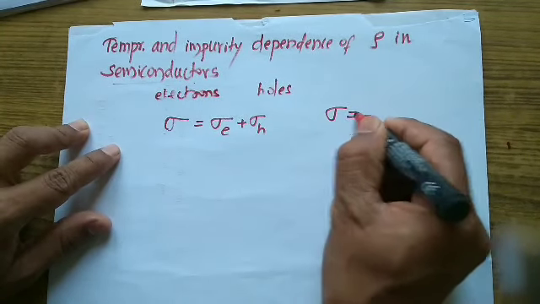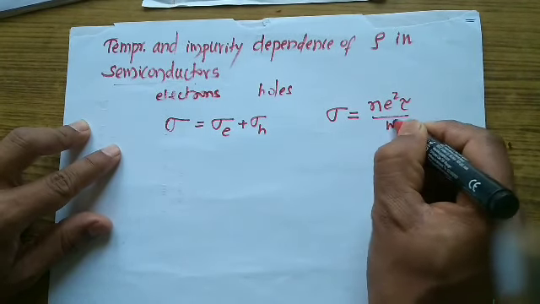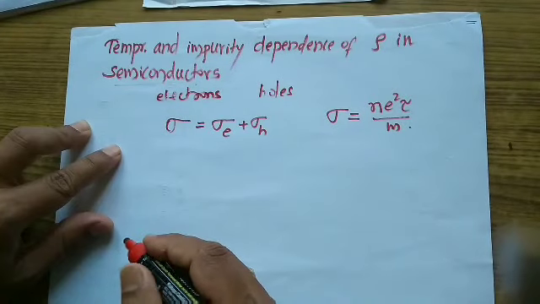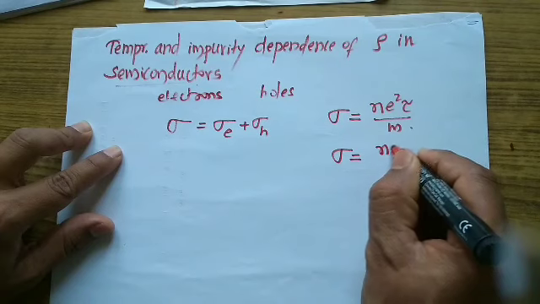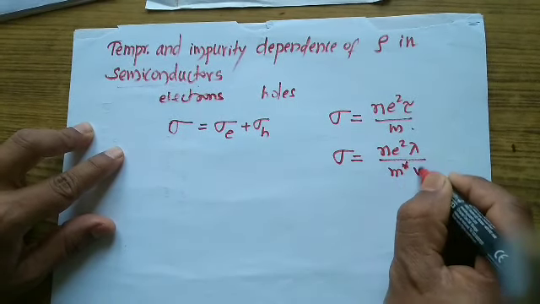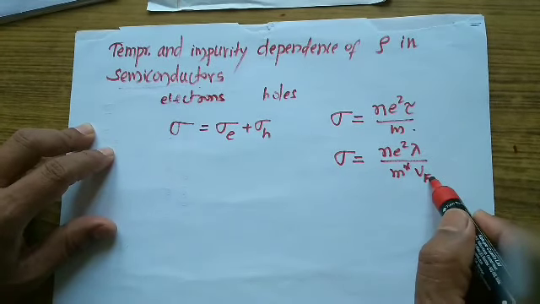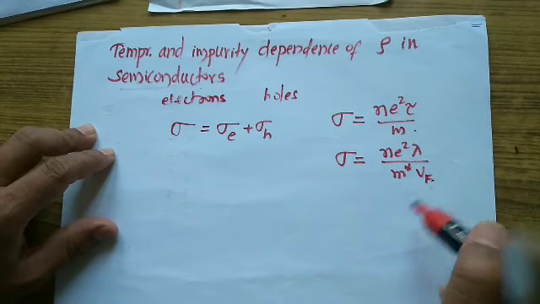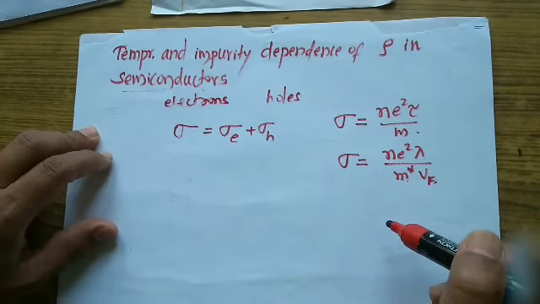From the classical free electron theory, we know that it is Ne square tau by m. Whereas from quantum free electron theory, we got the expression Ne square lambda divided by m star Vf. Vf is the Fermi velocity, m star is the effective mass, lambda is the mean free path.